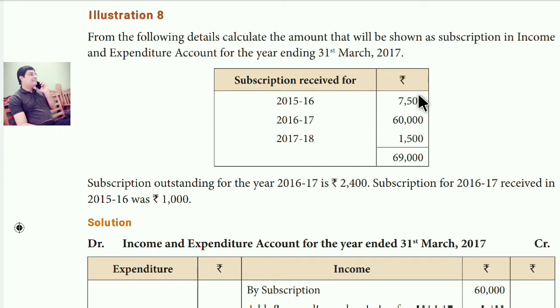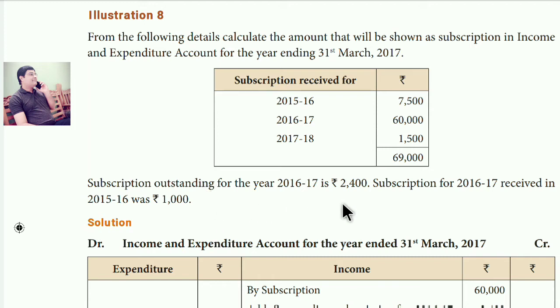Subscription for 15-16 7,500, 16-17 60,000, 17-18 1,500. This question is very important for 3 marks. They ask it for 3 marks or sometimes 2 marks, because in this sum you have to prepare only income and expenditure.